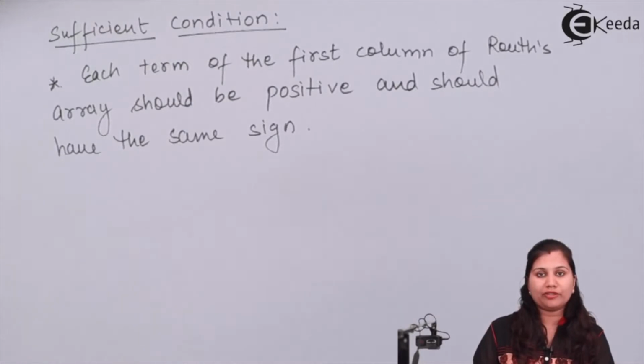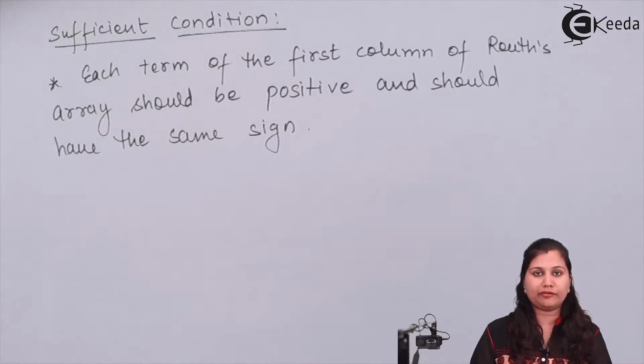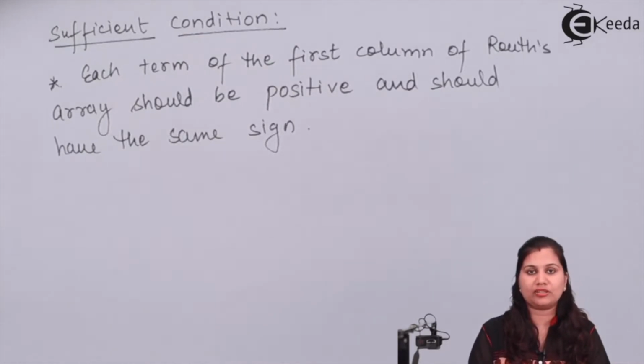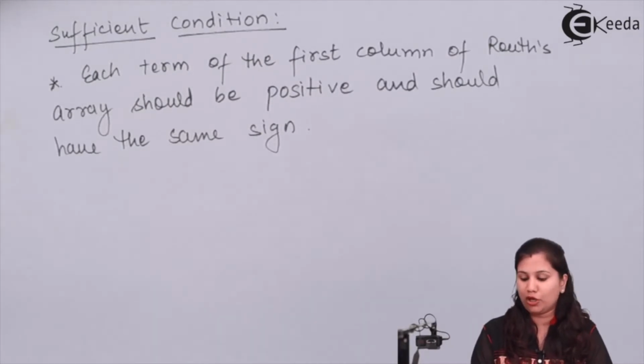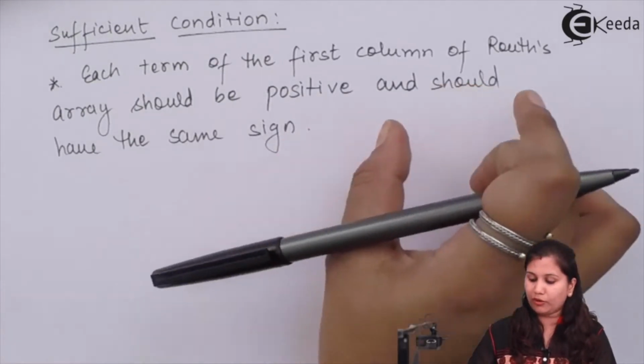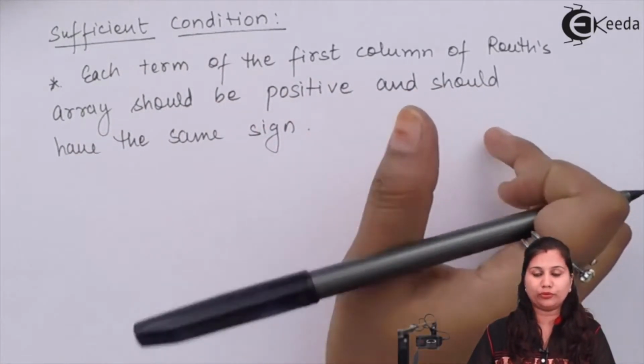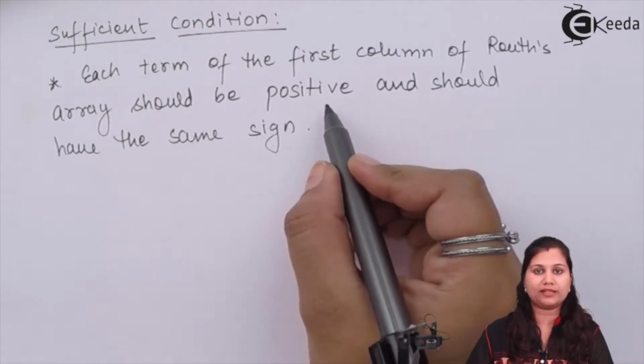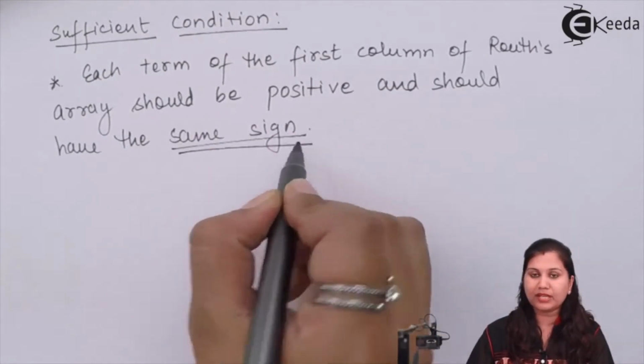If all the terms in the first column have the same sign, then there will be no sign change in the first column, and no sign change means that the system is stable.